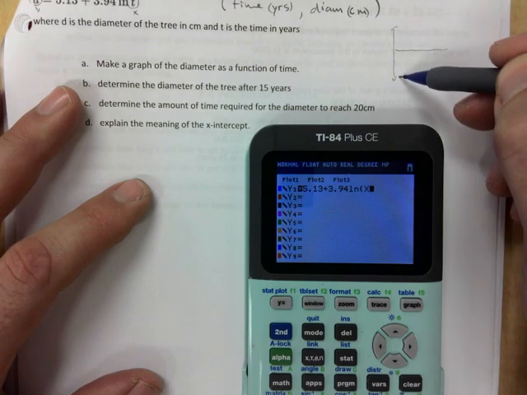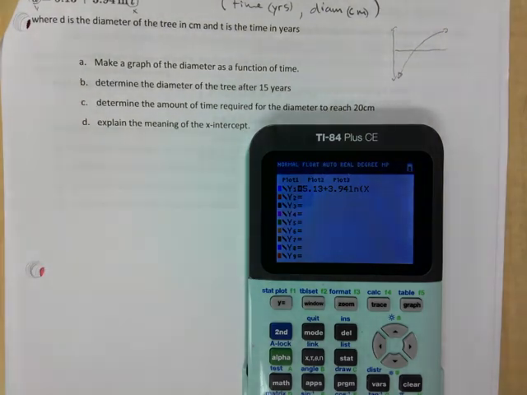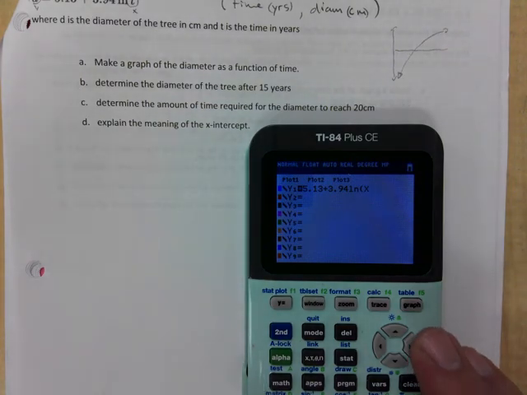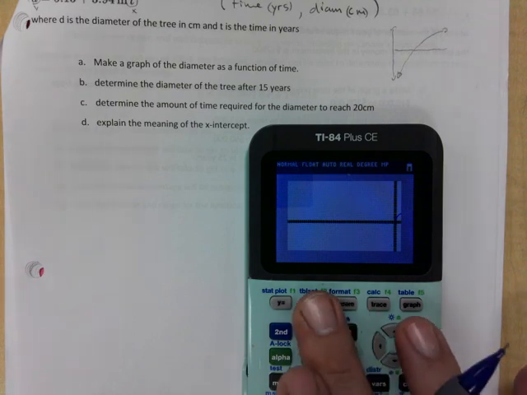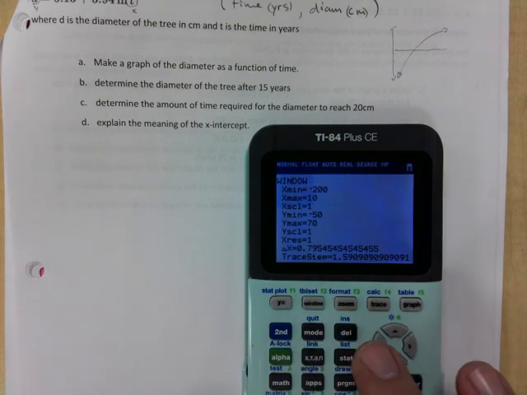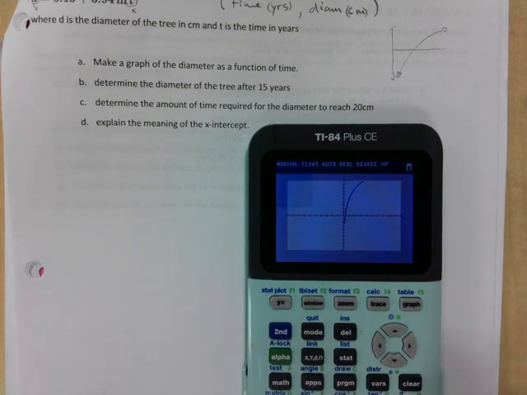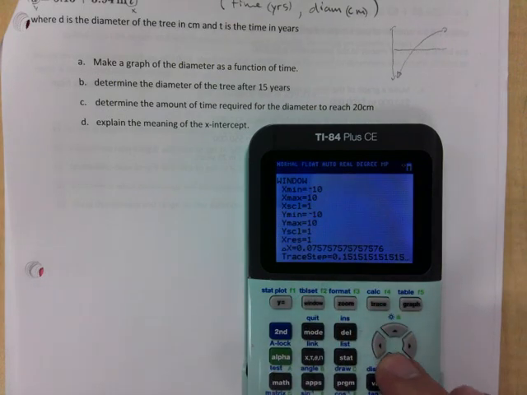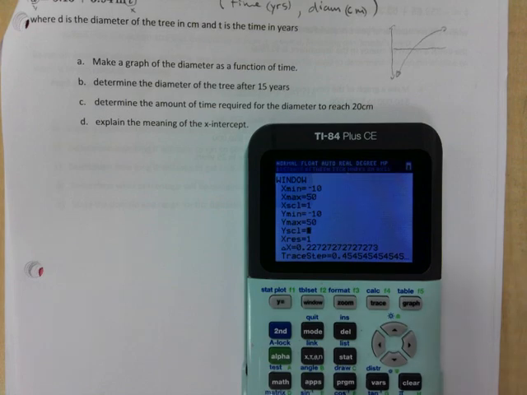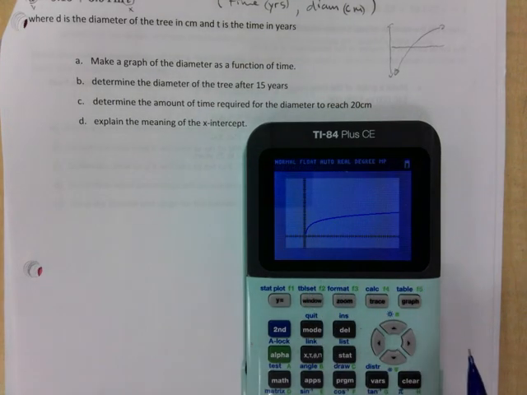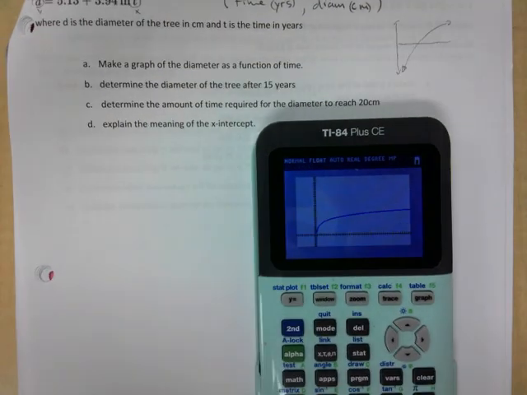If it's increasing, we're expecting something to this extent, right? That's the behavior that we're expecting. So let's go ahead and graph it. Oh, I should probably change my window. I'm going to go window zoom 6 standard, and then just increase that a little bit, just so I see more, and there you go. That's pretty good.